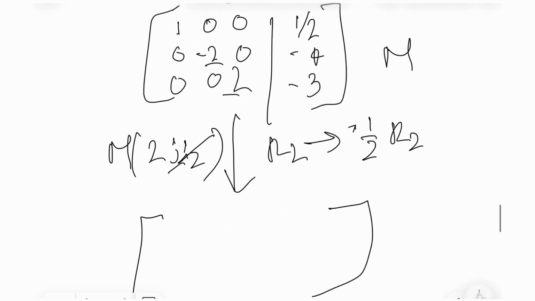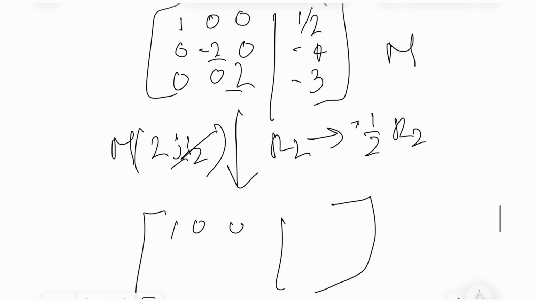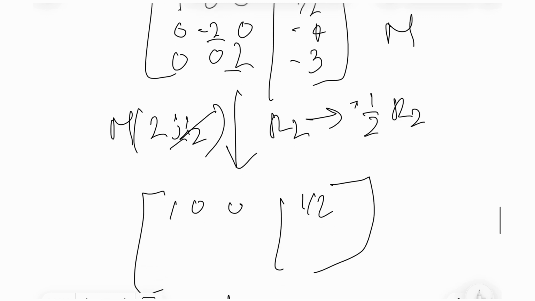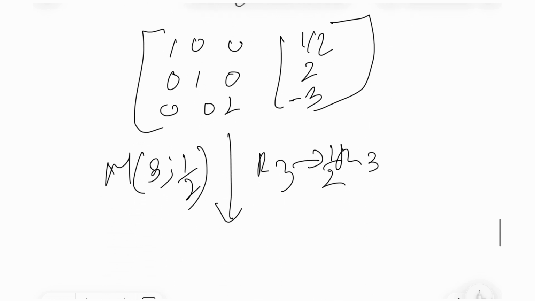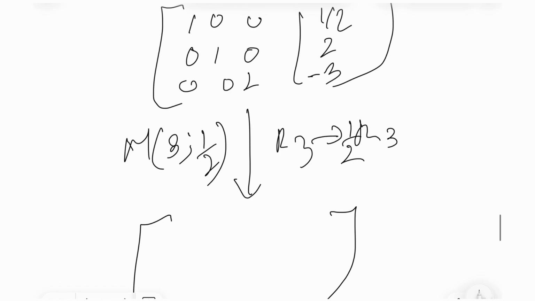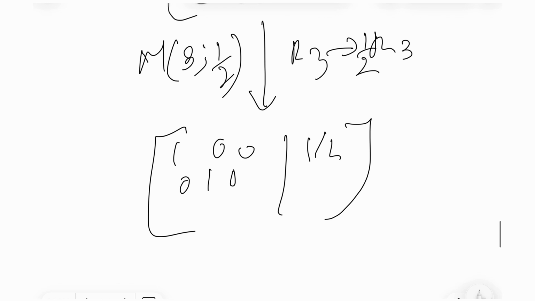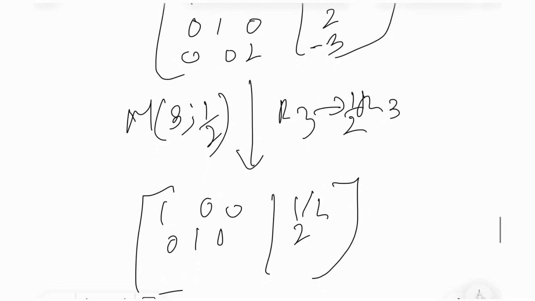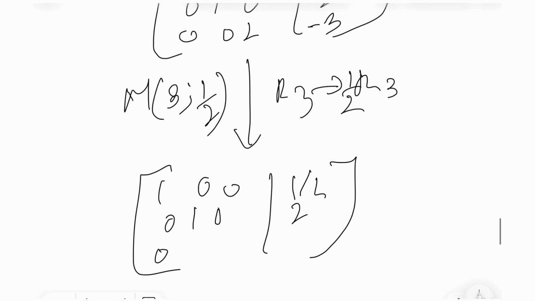That's it. So the rest of the rows stay exactly the same. Second row just gets halved and positive. So this gets halved and positive as 2 minus 3, 0, 0, 2. Now let's go here. Remember, everything else stays exactly the same. Get 2 here. 0, 0, 1 minus 3 gets halved. That's it.